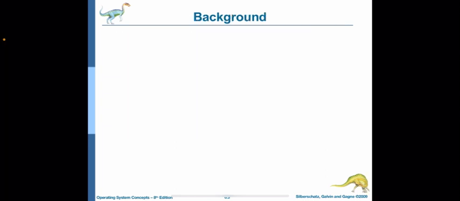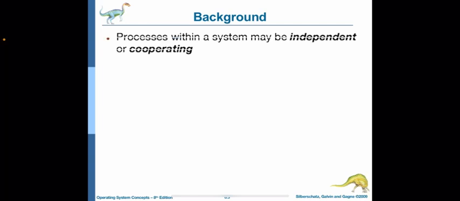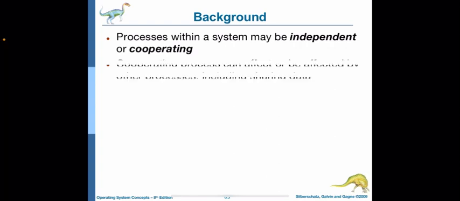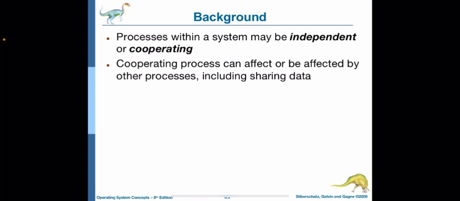Before moving into these process synchronization problems, let us see some points to be considered while discussing them. First, in a system, the processes can be either independent or cooperative. Two types of processes are there in a system: independent or cooperating. What do you mean by cooperating processes? Cooperating processes can affect or be affected by other processes, including sharing data.